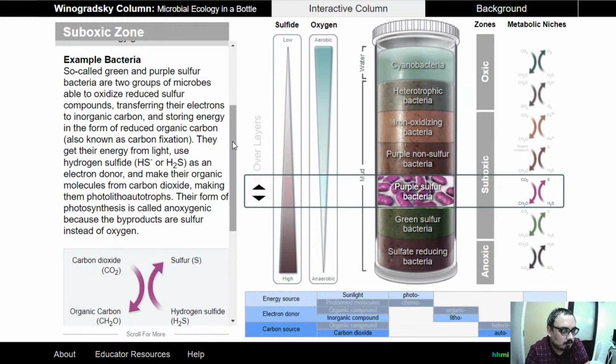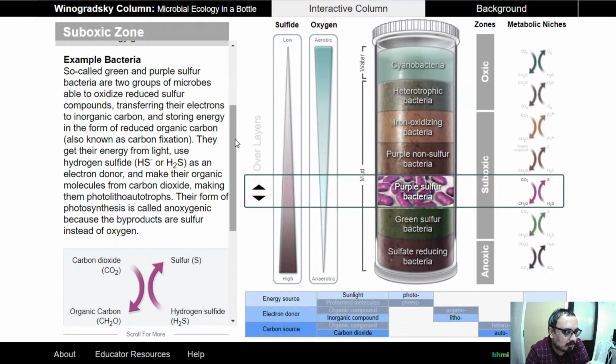So-called green and purple sulfur bacteria are two groups of microbes which are able to oxidize reduced sulfur compounds, transferring their electrons to inorganic carbon and storing energy in the form of reduced organic carbon.